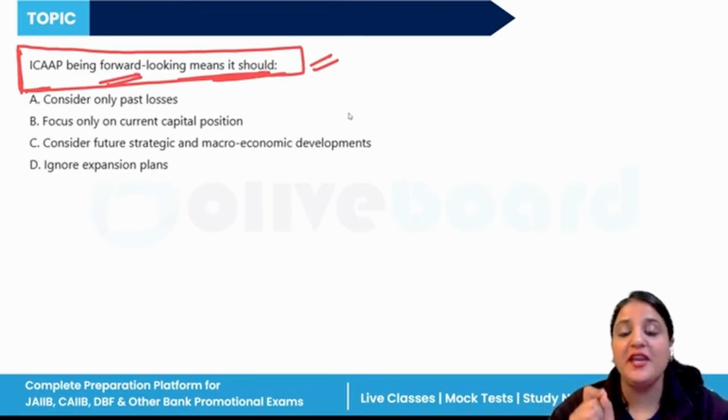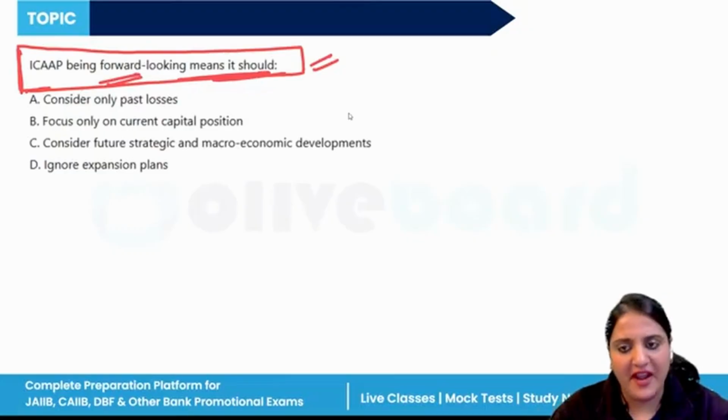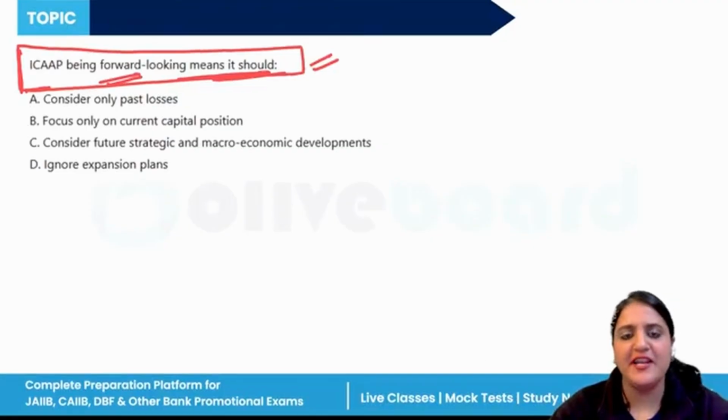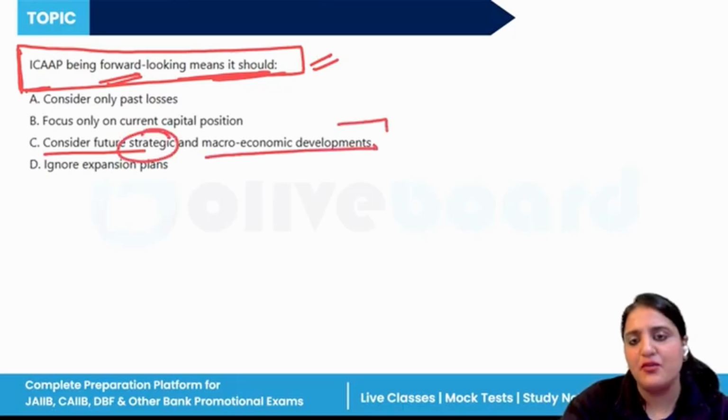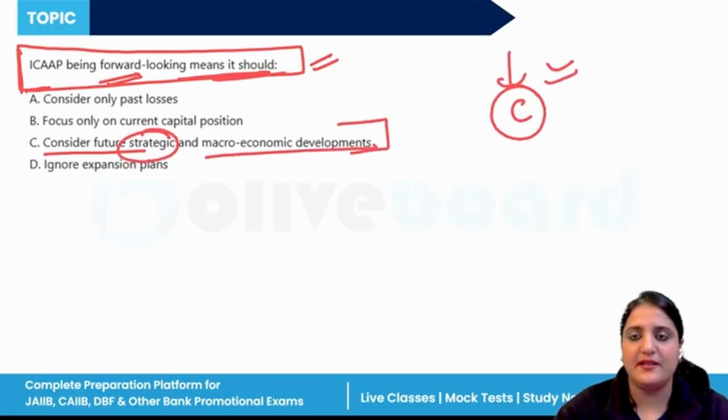So forward looking ICAAP considers future plans, economic factors, and potential capital constraints. So which option is correct here? Simple. The correct option is that it considers future strategic and macroeconomic developments. Option C is correct here.